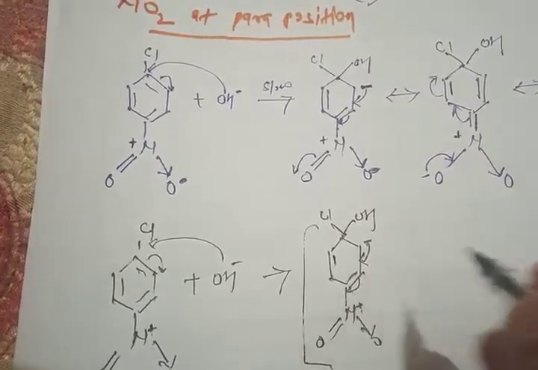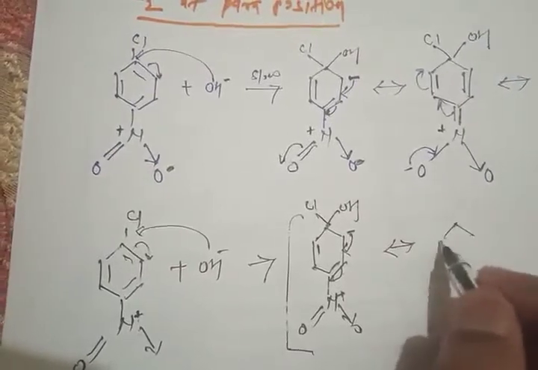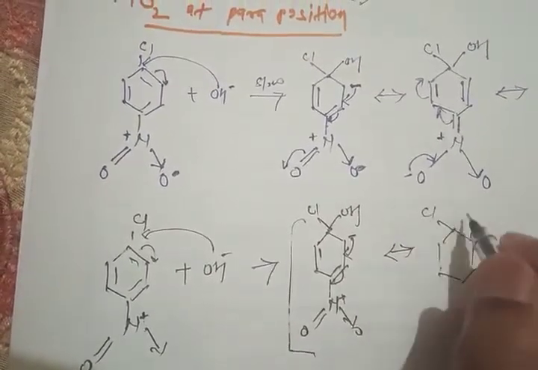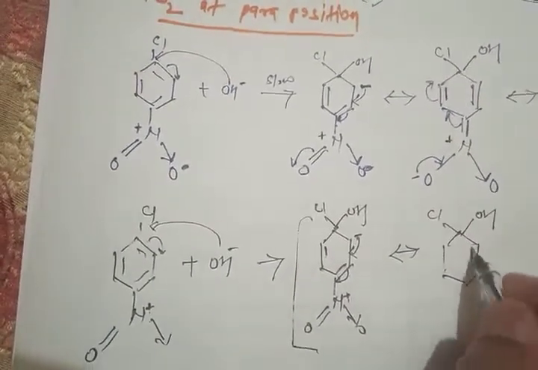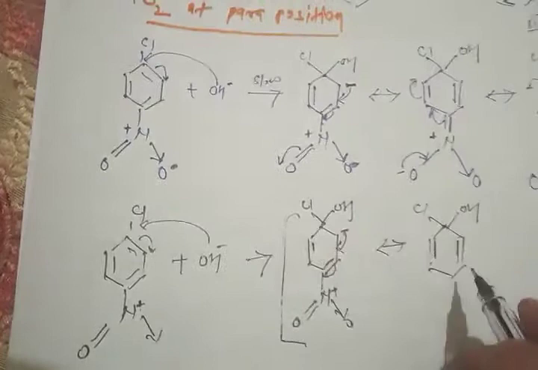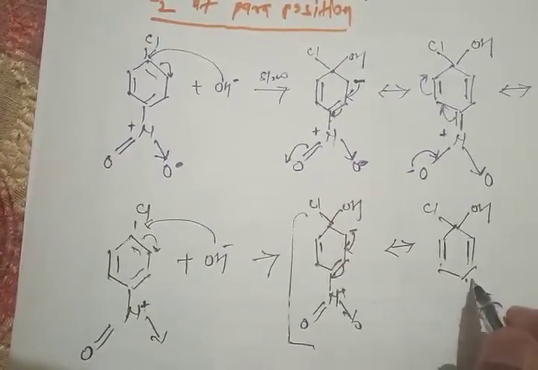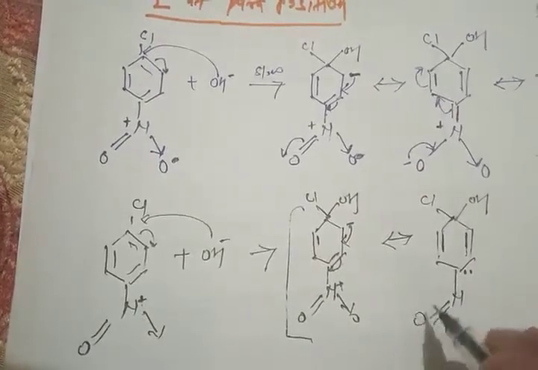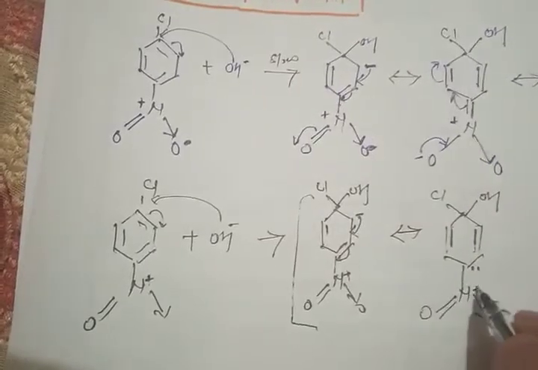So this is the second stage. Cl, OH, this is the pi electron, and here is the negative charge, and nitrogen double bond oxygen and oxygen with a positive charge.